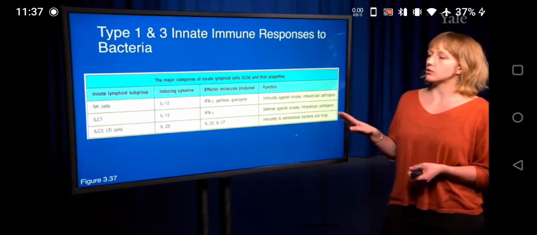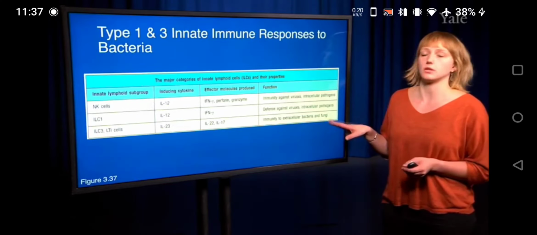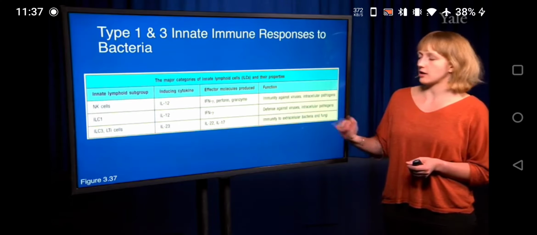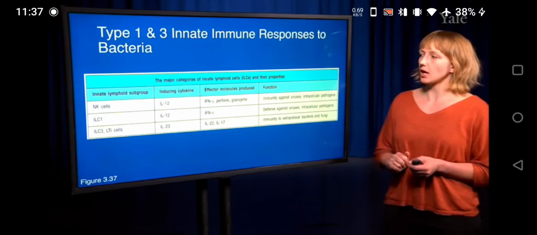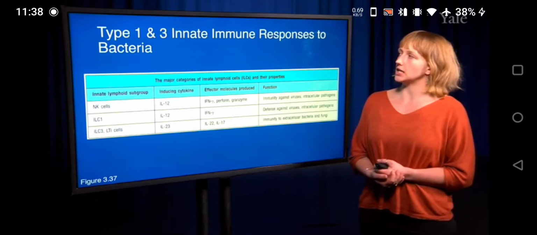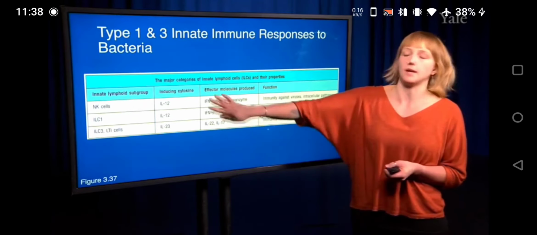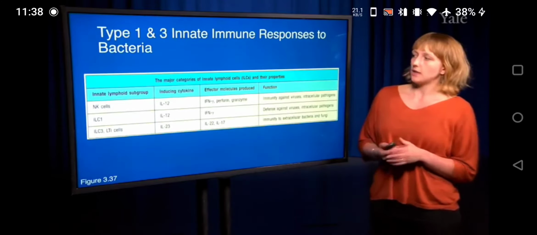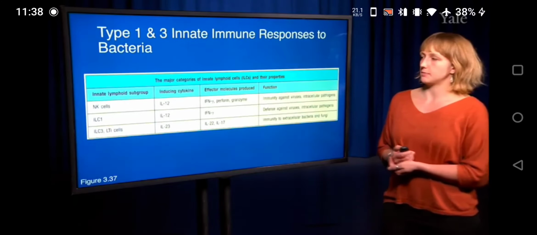And ILC3s and LTi cells, which we won't talk about today, are very critical in launching immunity to extracellular bacteria. Now, type 1 innate immune responses are induced by IL-12, and type 3 are induced by IL-23. And they also produce different effector mechanisms.